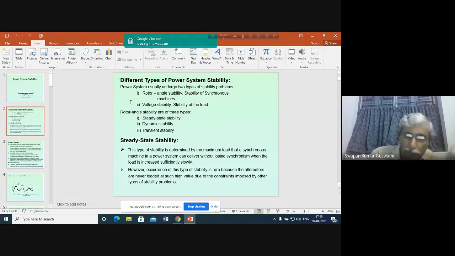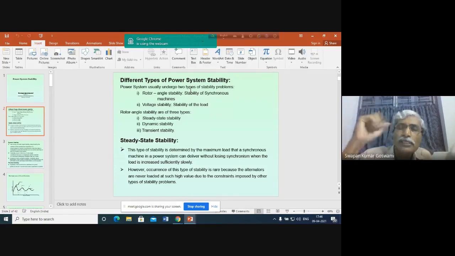Since rotor angle stability is the older form, it was the basic form of stability previously understood by people, and we shall be discussing this stability only, not the voltage stability, though with some simple discussion regarding voltage stability, not a detailed one.